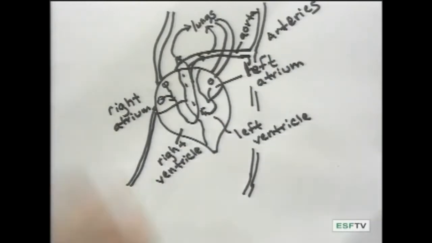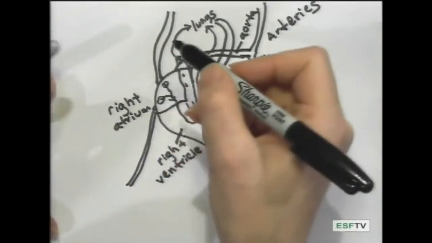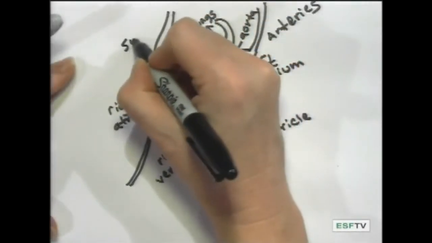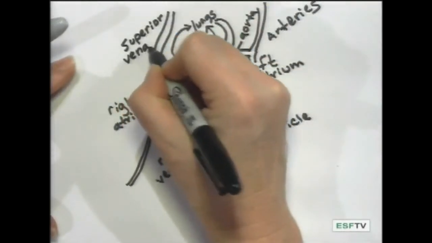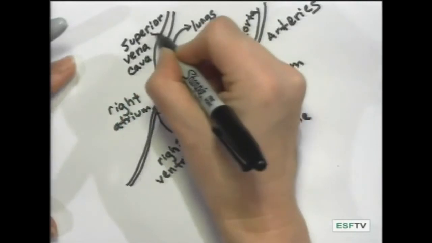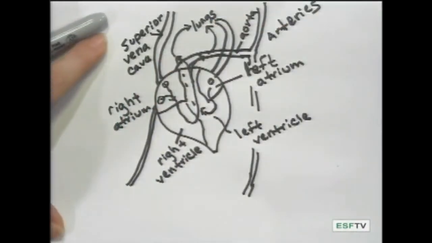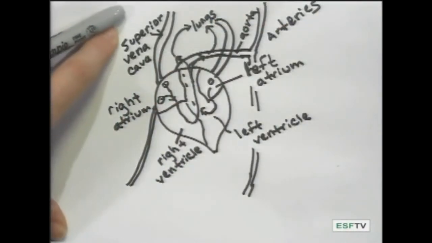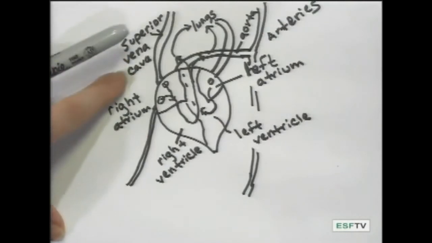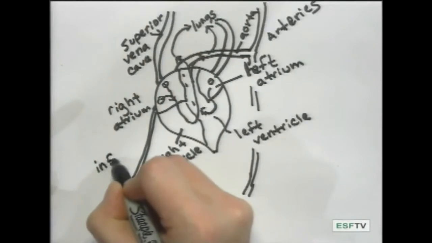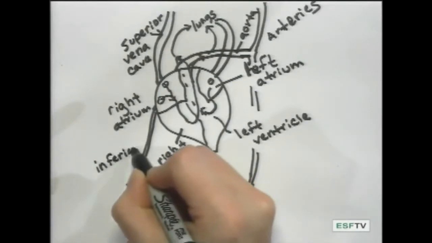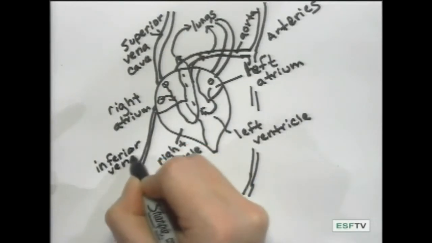So let's label a couple more of these. So this is the superior vena cava here, that's bringing deoxygenated blood from the head down to the heart. And this is the inferior vena cava.